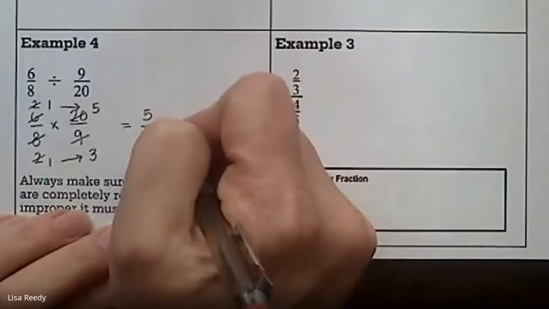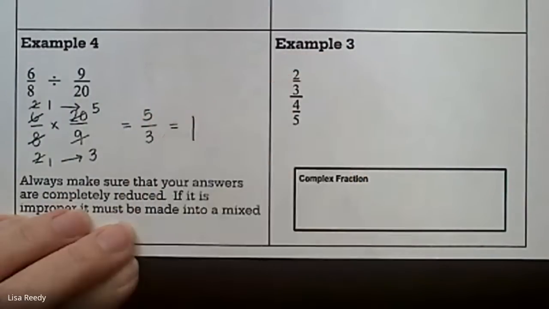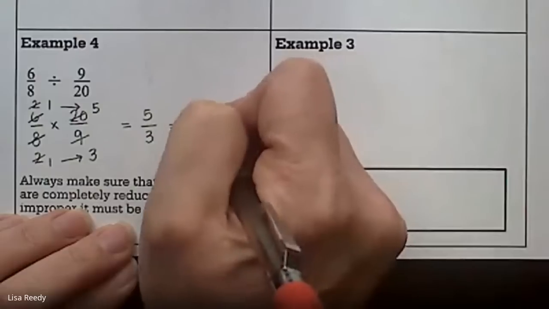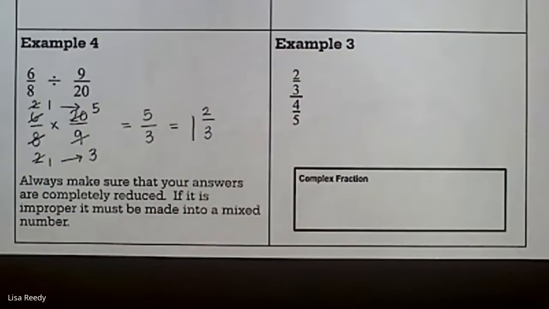So I know that 3 goes into 5 one whole time. I know that there is 2 left over out of the 3 that we are dividing by. So 1 2/3. So that's why always make sure. And then if it's improper, make sure it's reduced.